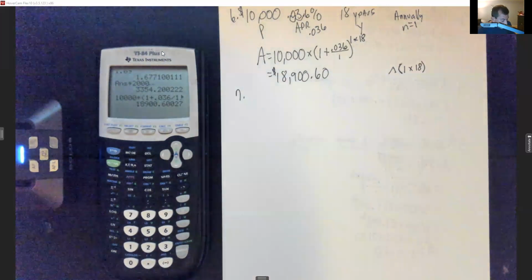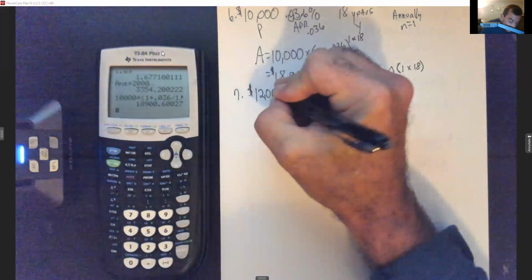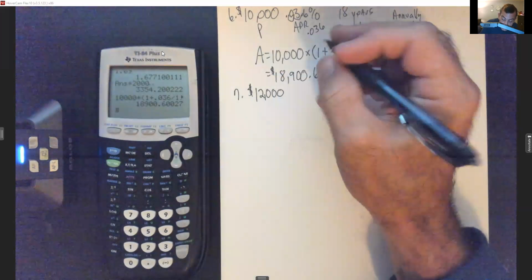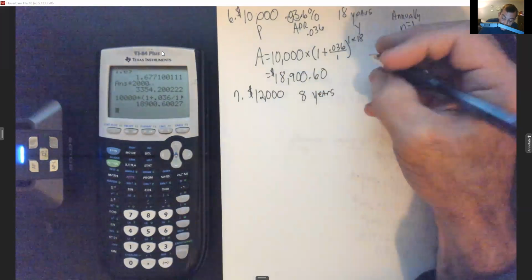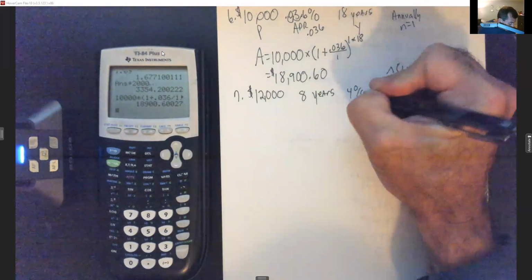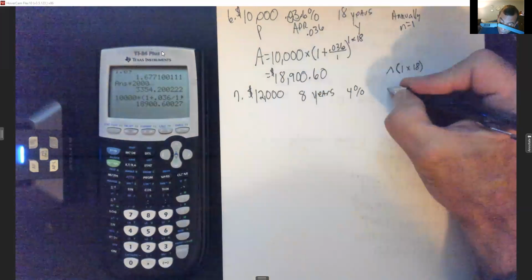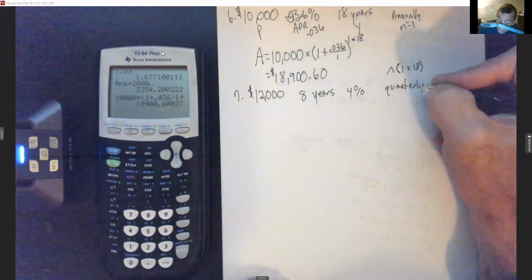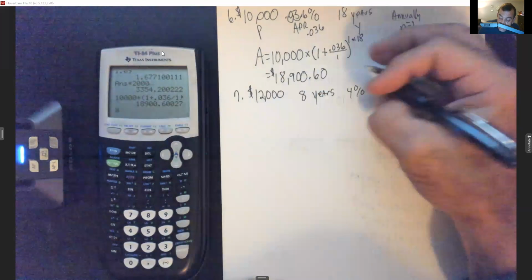All right, same thing, compound interest. We got $12,000 for 8 years. APR is 4%. Quarterly compounding. So remember, quarterly means 4 times a year. 4%, we would move the decimal left twice.